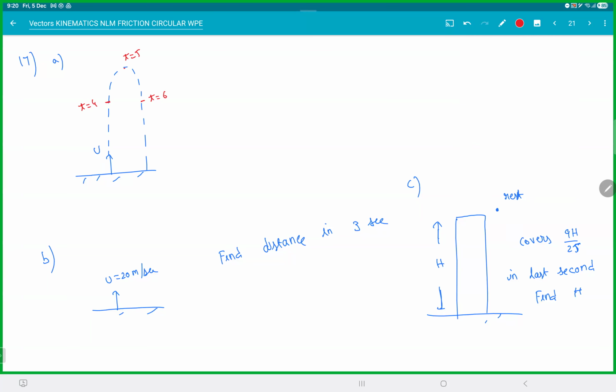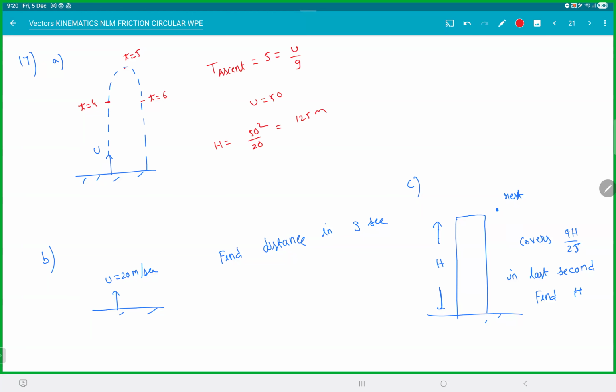While coming down, the sixth will travel more than the fifth. The only time they're equal is when there's a symmetry. So indirectly, you gave the time of ascent as 5 seconds, which is u by g. U is 50. H max will be u square by 2g. Clear with this? So the question looks like there's no data, but you have it.